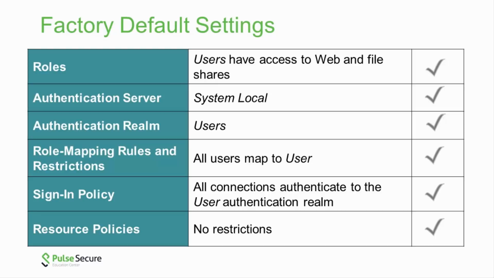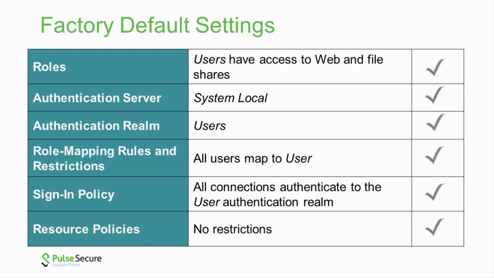An additional default element is a sign-in policy that points all incoming sign-in requests to the user authentication realm. And the last default element includes resource policies that allow open access to web and file resources.